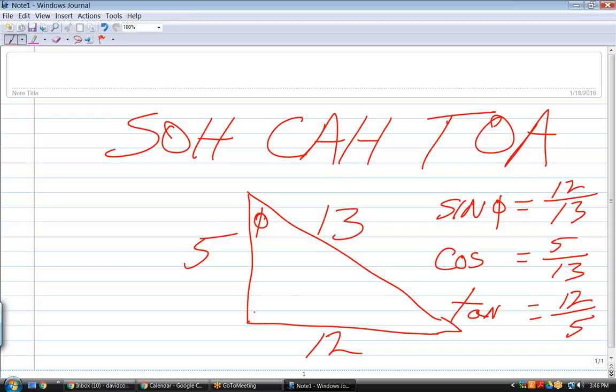So I could not say make this angle something other than a right angle and leave these dimensions the same. But if I change the dimensions, now I can say that's not a right triangle.